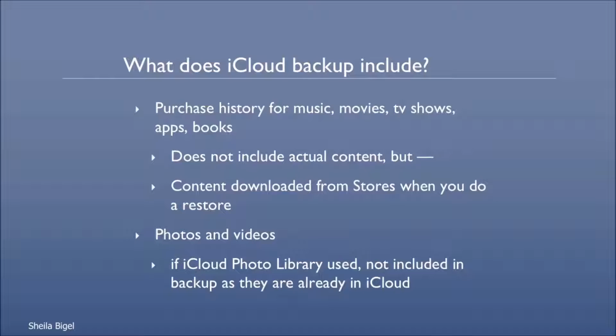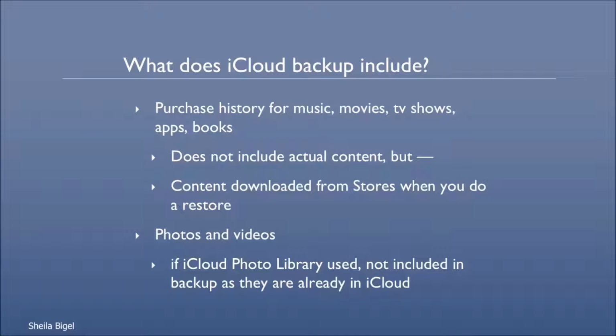What does the iCloud backup include? Not everything, but a lot of things. It includes your purchase history. So you always have access to things that you've purchased, including apps, music, movies, TV shows, books, etc. It doesn't include the actual content, but your content would be downloaded from the stores when you do a restore.